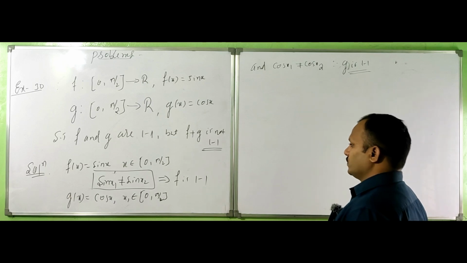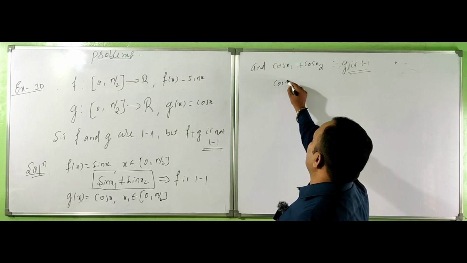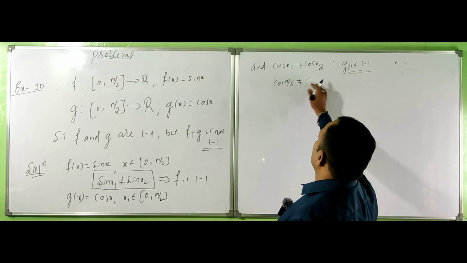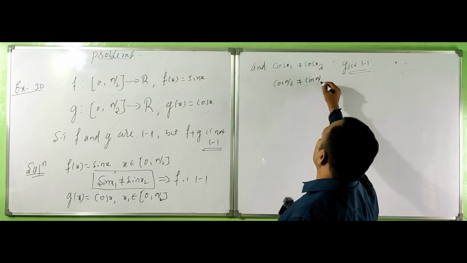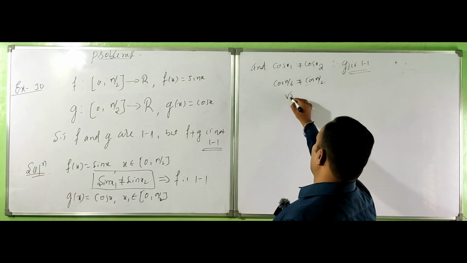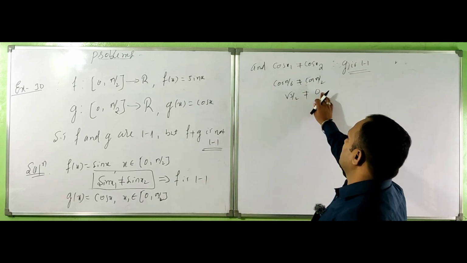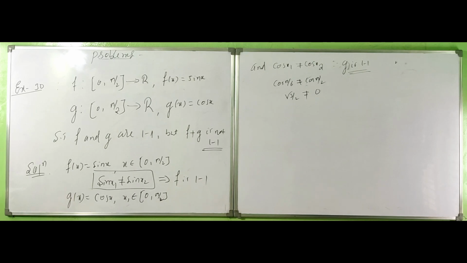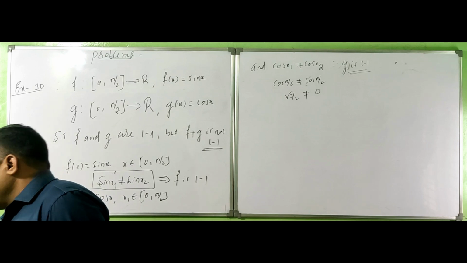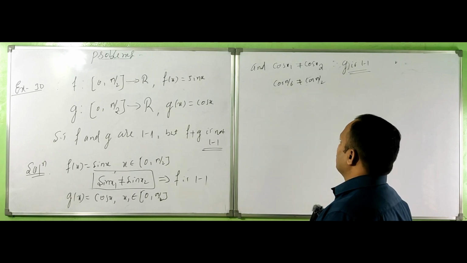If you want to show, cos pi by 6, which is root 3 by 2, is not equal to cos pi by 2, which is 0. It's not necessary to use pi by 2 or pi by 6 in the example.